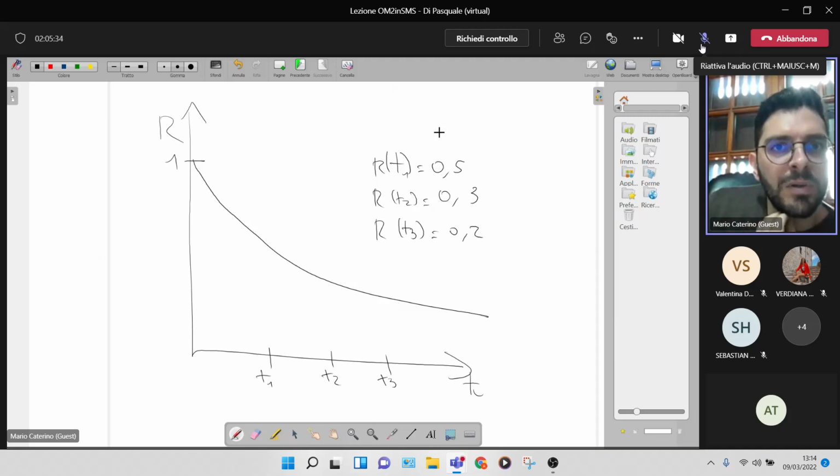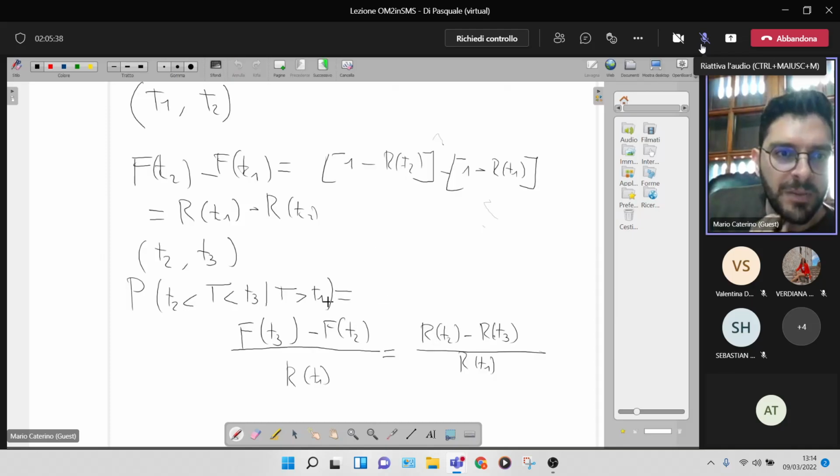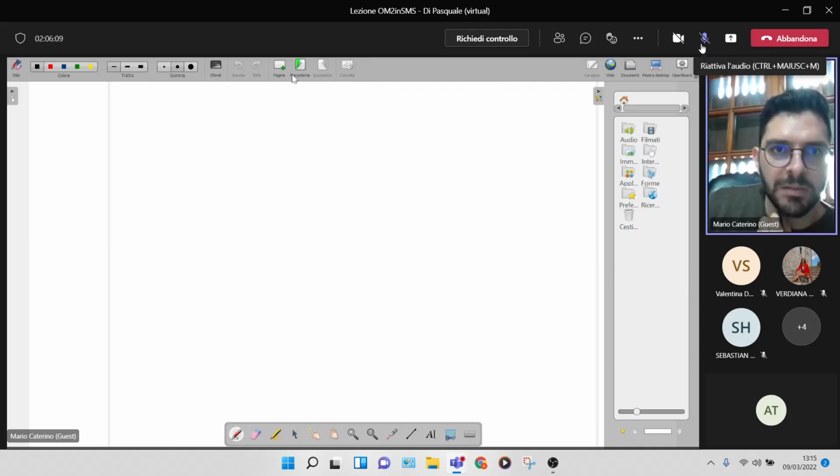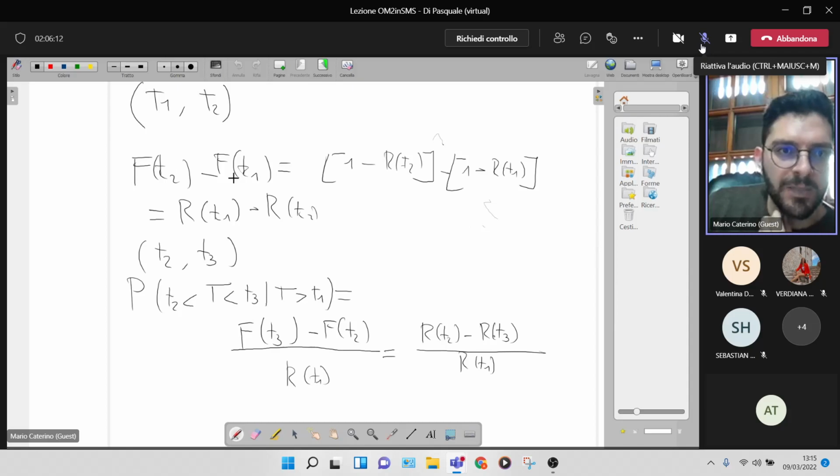Now, if we look here and we want to estimate in the first case the probability that the system fails, or the reliability that the system has between, in this case, suppose that it is T2 and T3, supposing that the system is new and now is starting to work, we simply should apply this formula, this equation, no?